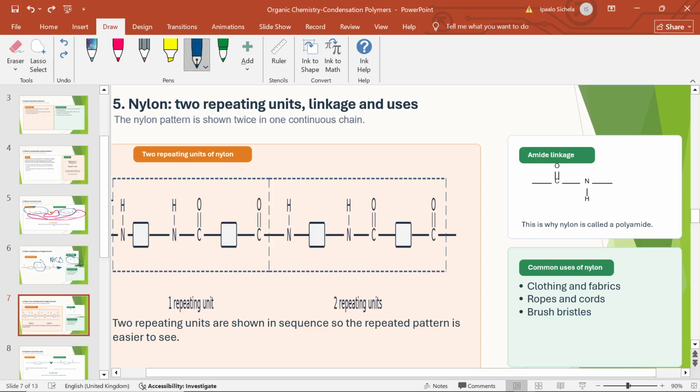So in short, once you write 1 repeating unit, just write exactly the way you wrote the first and combine there. If you want a third repeating unit, write it exactly the way you wrote it in the beginning. Again, if you want 4. It just depends on how many you've been told to write in the exam.